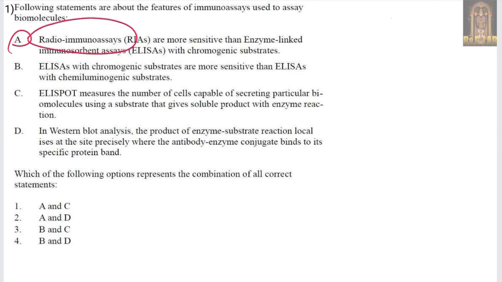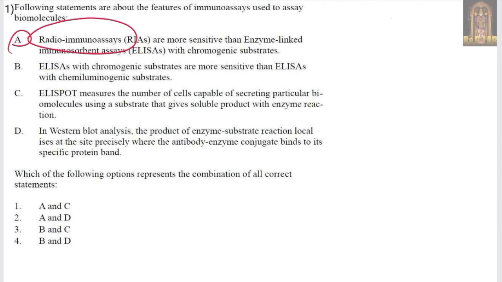So in the radioimmunoassay, as a substrate, we generally use the radio-labeled isotopes. These isotopes are highly sensitive. Even it can be detected if it is present in a picomolar concentration. They are very specific, hence the background noise is very low.